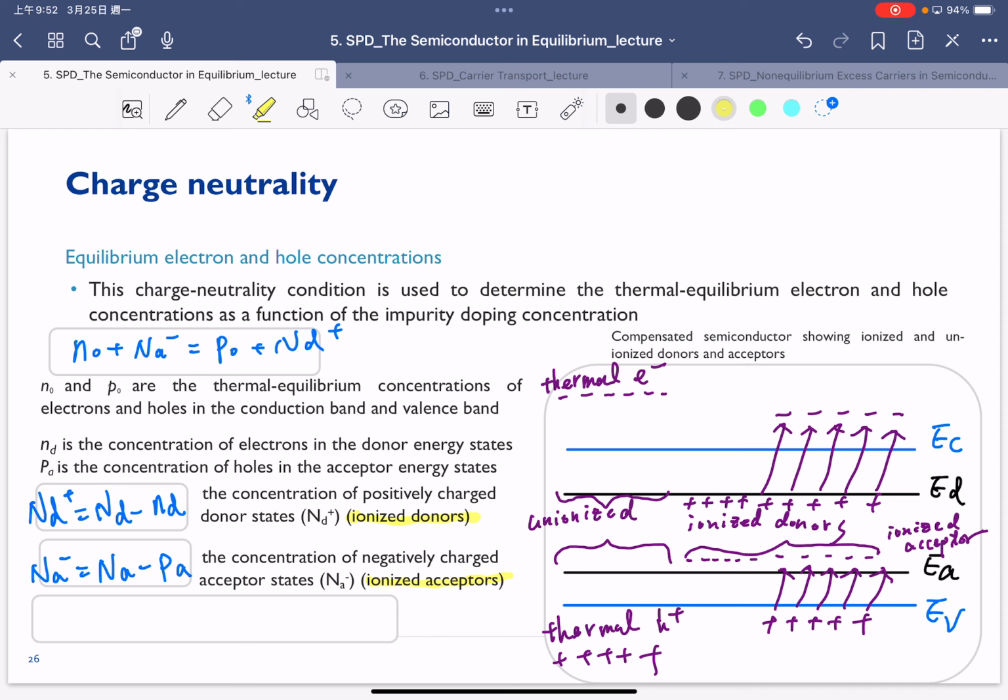With the charge neutrality shown in this one, n0 plus Na- is equal to this one. So this is the case once we have both the acceptor and donor states in the semiconductor, and part of them is ionized and part of them has charge left inside the band gap, inside the donor or acceptor state.